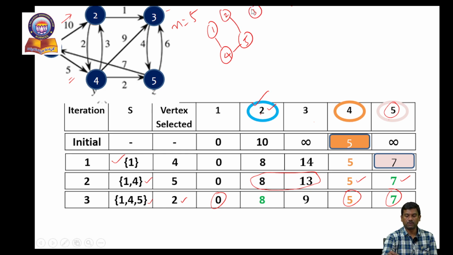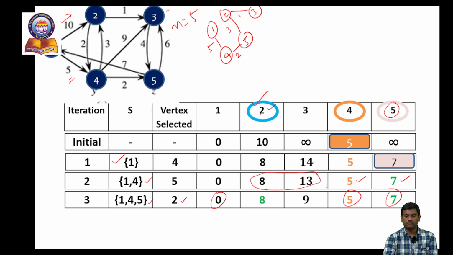That is what your third iteration indicates. So 1 to 4 with the cost to be equal to 2, and 4 to 5 with the cost to be equal to 2, and 5 to 2 with the cost to be equal to 3, and 2 to 1 with the cost to be equal to 1. What is the total cost? 5, 6, 7 plus 3, 10, 11.